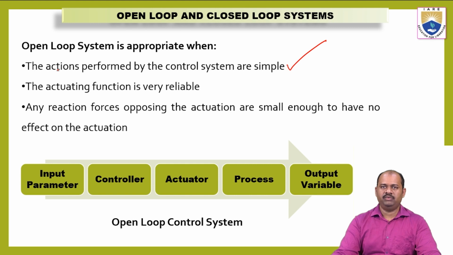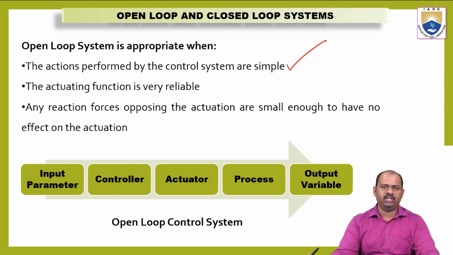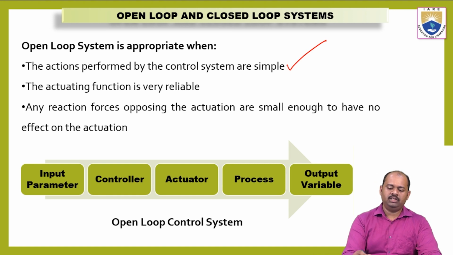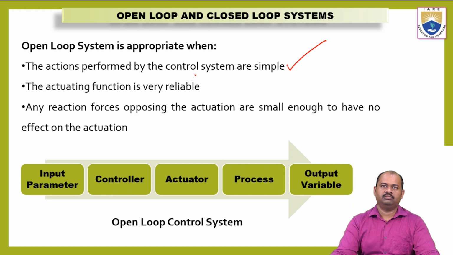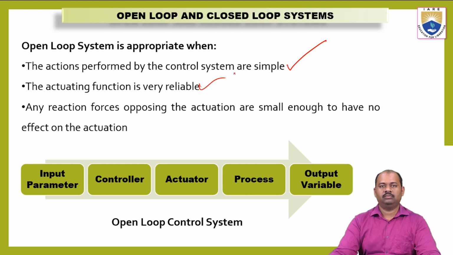There is no connection between output and input. That is why, when the actions are very simple, that means if I use a manufacturing process for very simple steps, then we can choose an open loop system, or else we should go for a closed loop system. Now the second thing is that the actuating function is very reliable.